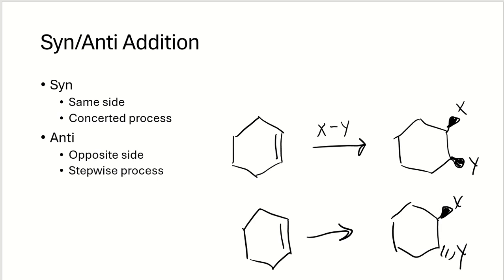Now, a lot of times, syn and anti-addition isn't that important, because if you have something like this, and I added syn or anti to that double bond, this will result in an achiral center. So I would get, let's say, a bromine here and a bromine here. This is not chiral, so it doesn't matter if I added syn or anti.